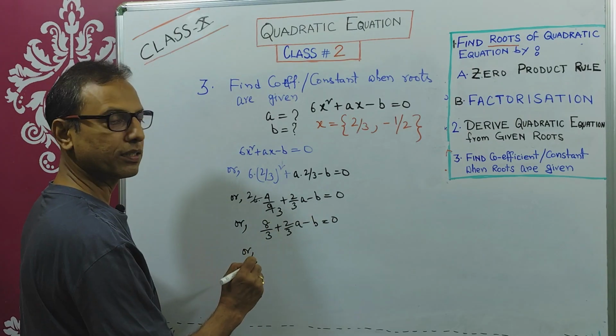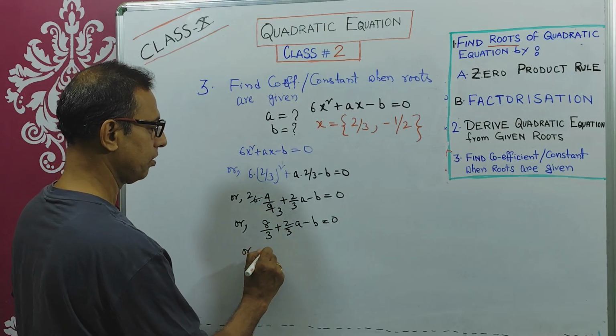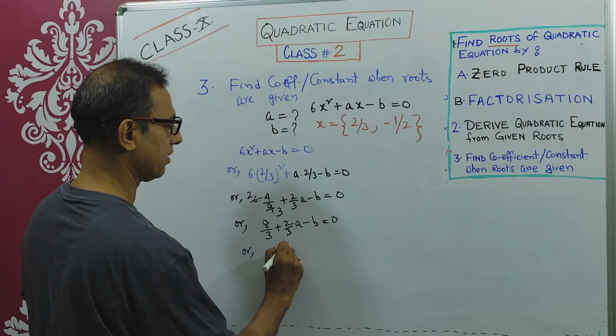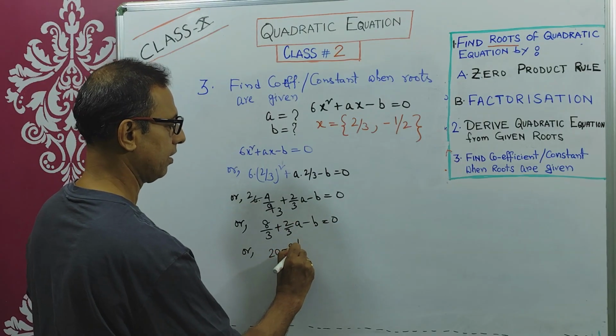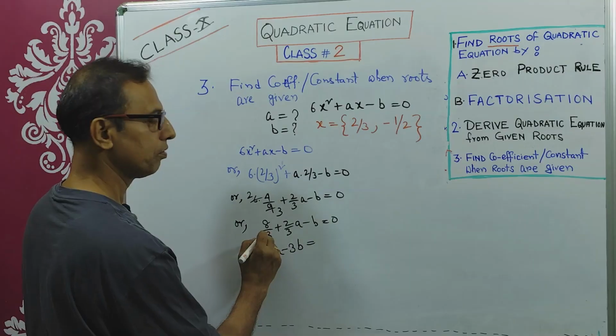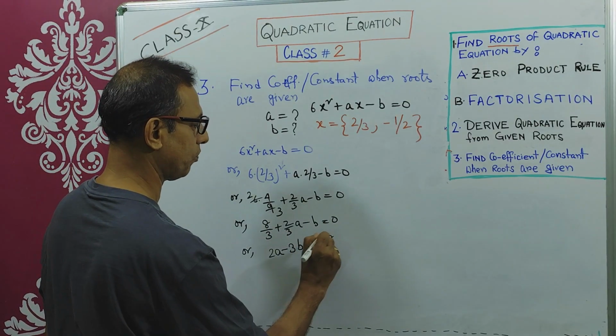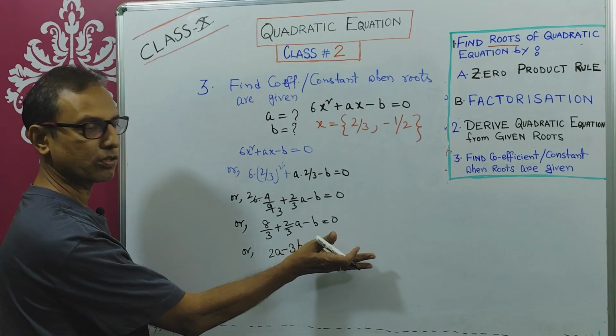Or multiply with 3 to eliminate the denominator. So 2a minus 3b equals, 8 will come to that side, 2a minus 3b equals minus 8. One side unknown, one side is constant.